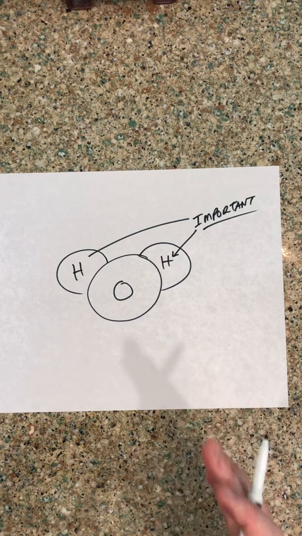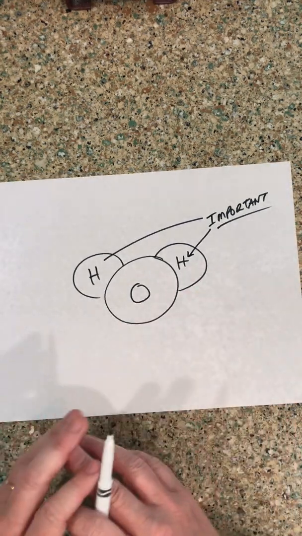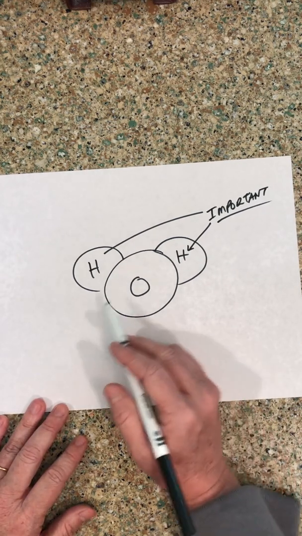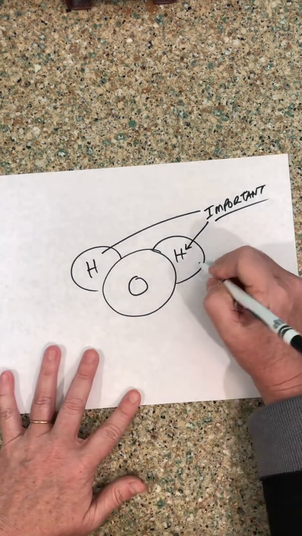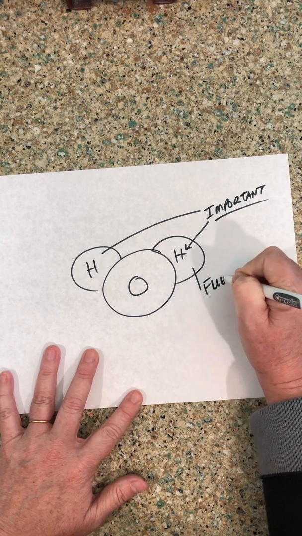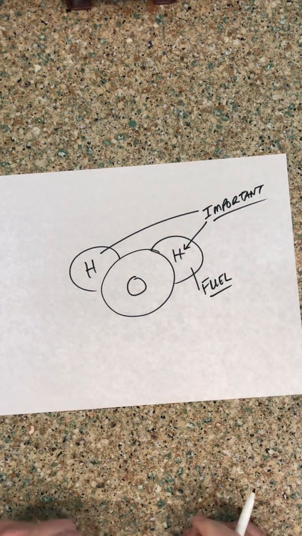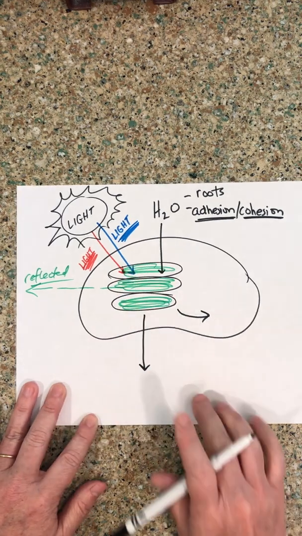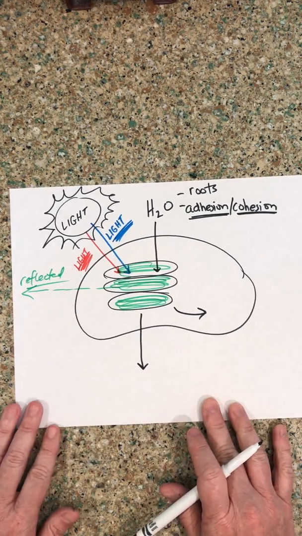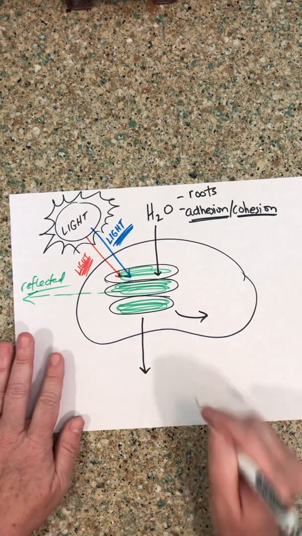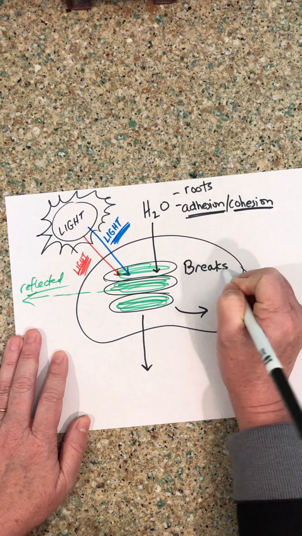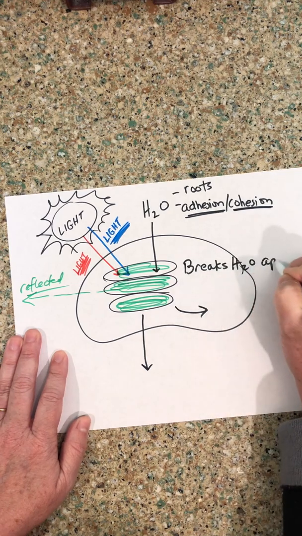So the concept is to do something to break it apart. Because if you can break apart these hydrogens, then you can get what you need. This is the fuel, okay? The fuel that the plant wants is the hydrogen. So in the light reaction, the water comes into the thylakoid, and with lots and lots of steps, we're not going to get too specific, but with lots of work, it can take this water molecule and break the H2O apart.